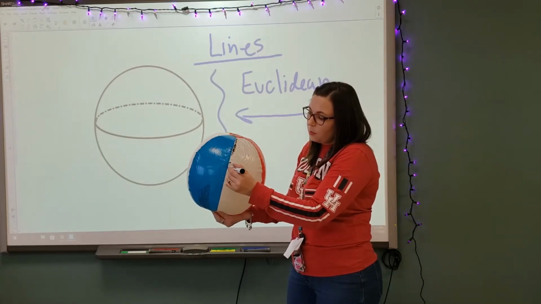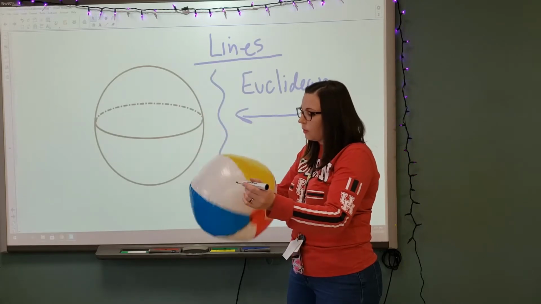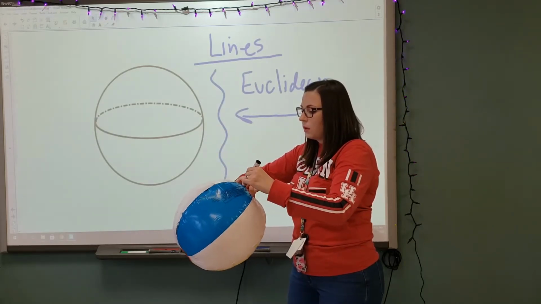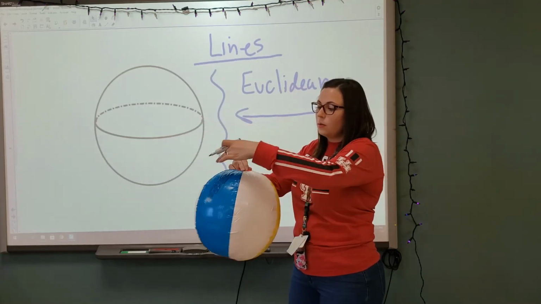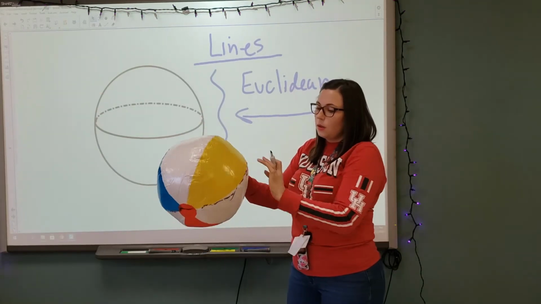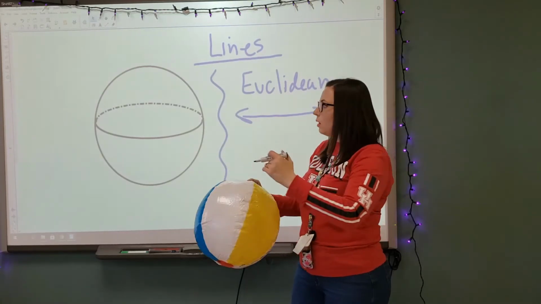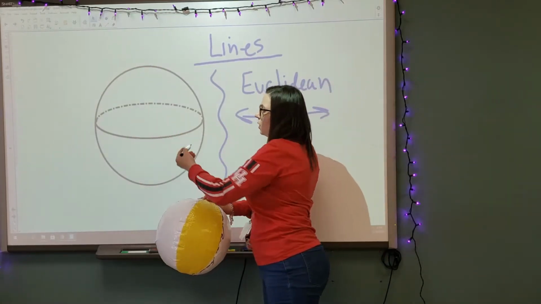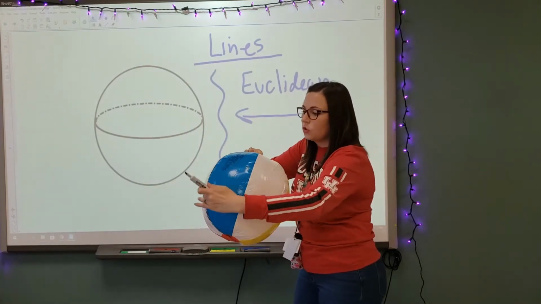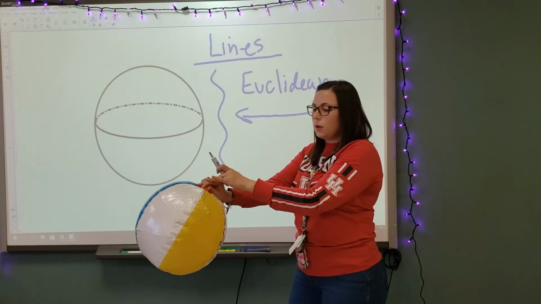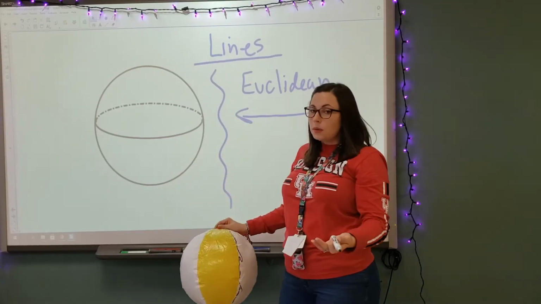I'm going to end up back here at the top. So on a spherical geometry surface, what does a line actually look like? It looks like a big circle. What I just showed you, we started at one spot, we traced, and we went around, and we ended up back where we started because we're on a sphere. We're just tracing big circles.